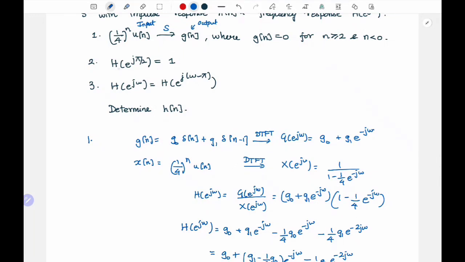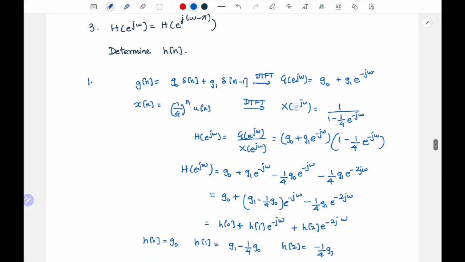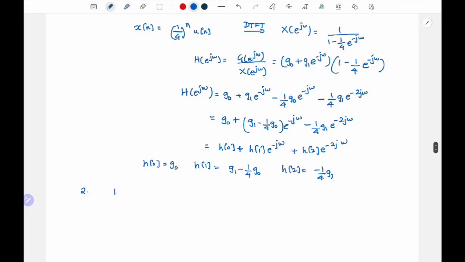So the second fact says your H of e^{j pi by 2} equals 1. So if I substitute, you will have h of 0 plus h of 1 e^{-j pi by 2} plus h of 2 e^{-2j pi by 2}.